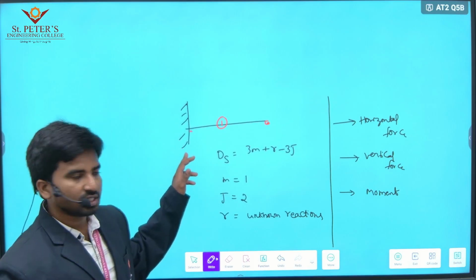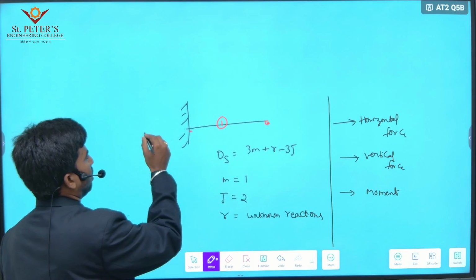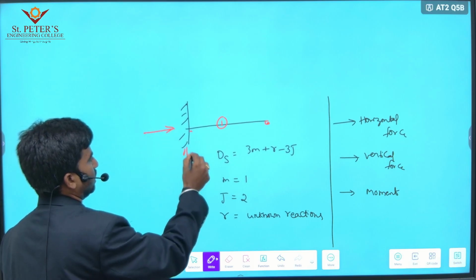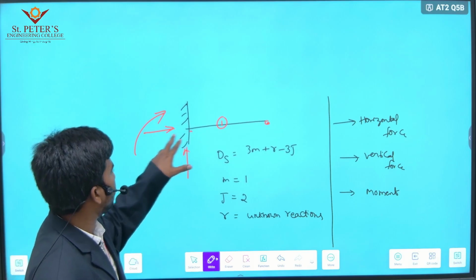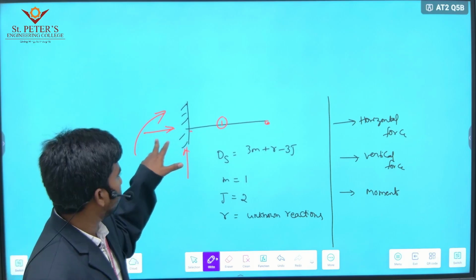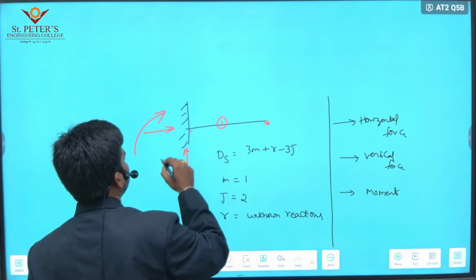So for fixed support, applying three forces: horizontal, vertical, and moment. If you apply a horizontal force, there is no moment here.